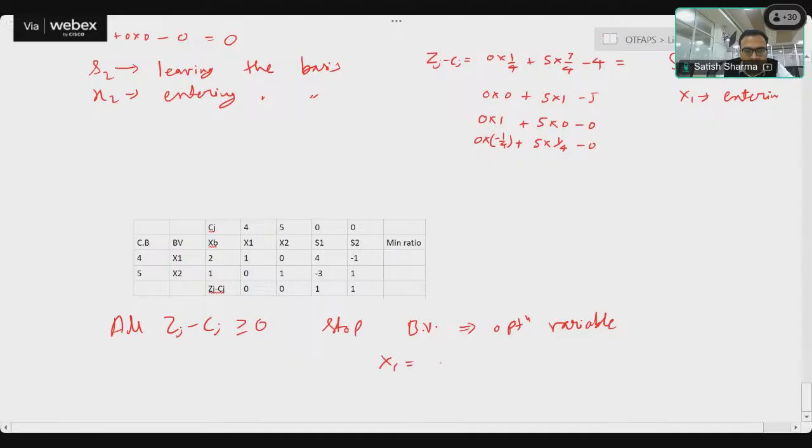So in the basis, x1 was there and it will be equal to 2, and x2 was 1 there. So this is the optimal solution. Okay, so this is how we can solve it. This is just a simple glance at how we solve this particular simplex method. If you have any doubts so far, you can ask.